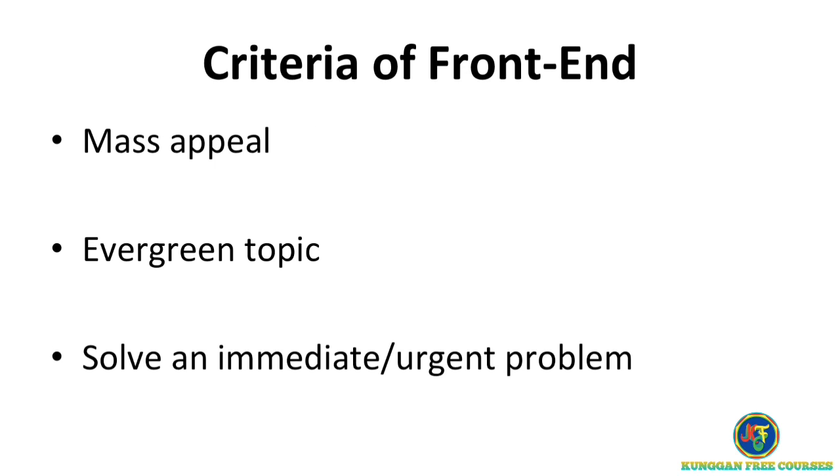To make a great front-end product, you must first give it mass appeal that could generate huge sales. First of all, target a larger market, like the internet marketing niche. The opportunity for getting sales in a larger market is higher. And then, the topic of your front-end product must be an evergreen topic.